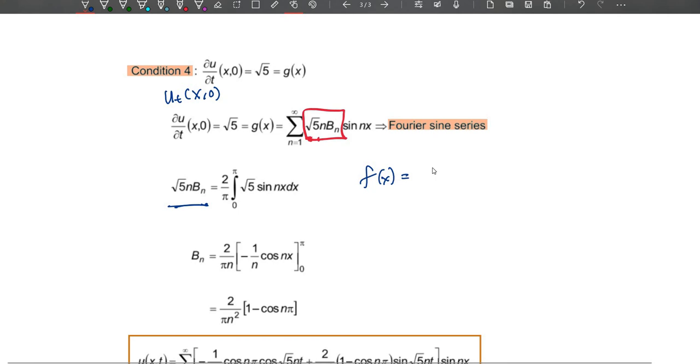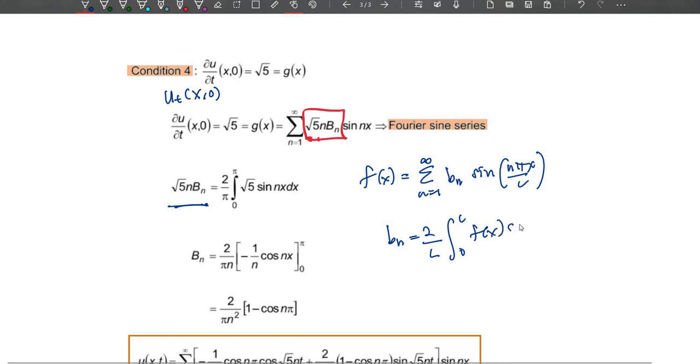So fx is equal to summation n from 1 to infinity b of n, should be subscript, sorry, bn sin n pi x over l. So b of n here is equal to 2 over l integrate 0 to l fx sin n pi x over l with respect to x.